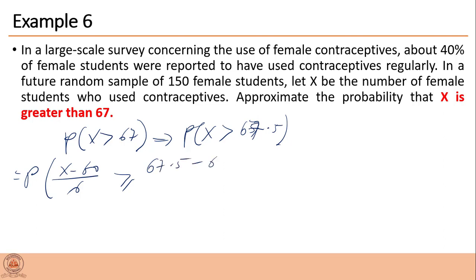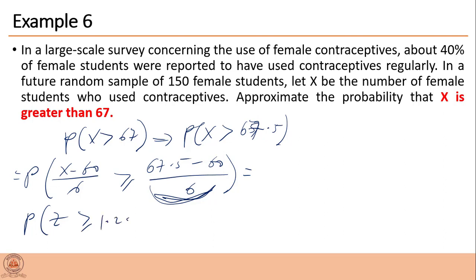And this, we are going to read from the table, and the table is cumulative, so that means it's going to be less than or equal to but not greater than. So if we write this as z, find this value, and we get z greater than or equal to 1.25, this should equal 1 minus the left side of it, so z less than 1.25.